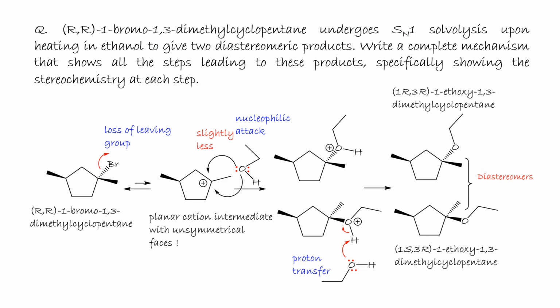Let's solve this question. RR 1-bromo 1,3 dimethyl cyclopentane undergoes SN1 solvolysis upon heating in ethanol to give 2 diastereomers. Write a complete mechanism that shows all the steps leading to these products, specifically showing the stereochemistry at each step.